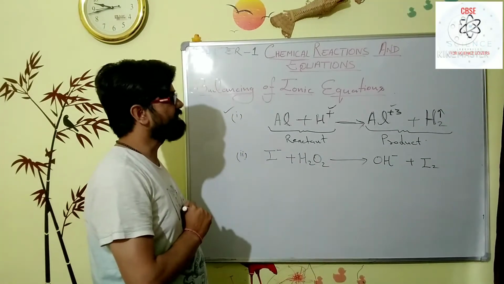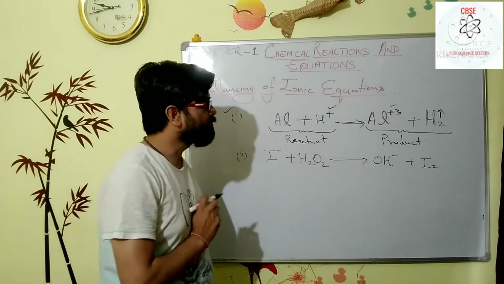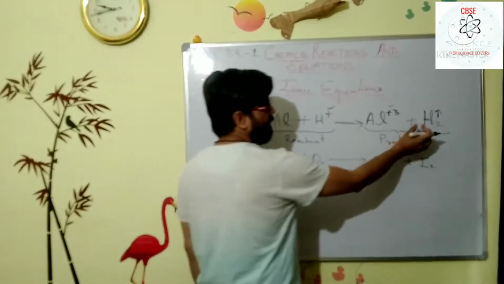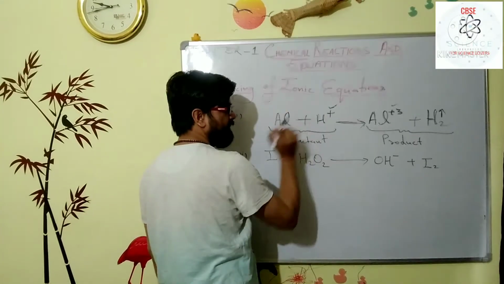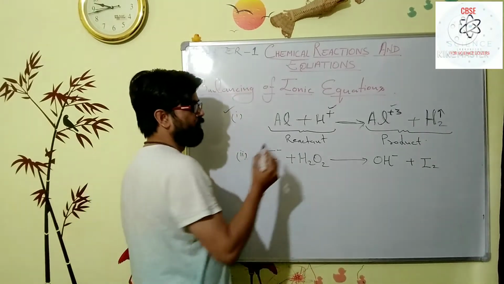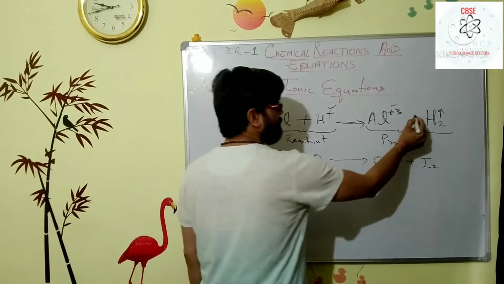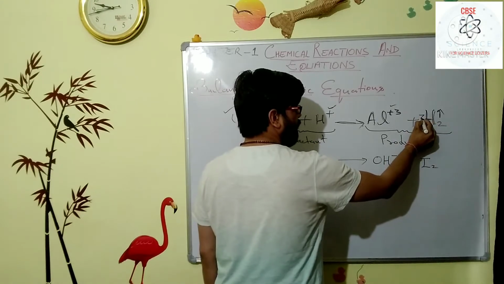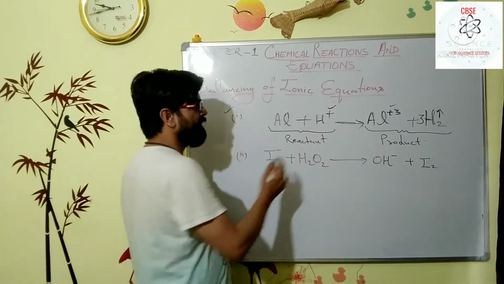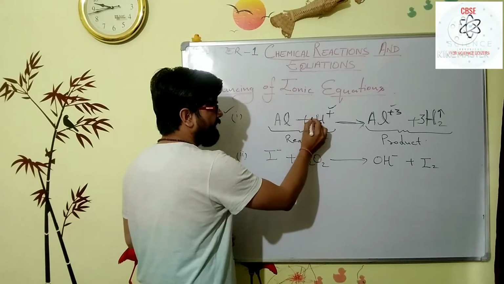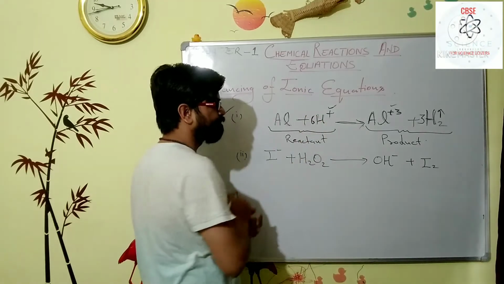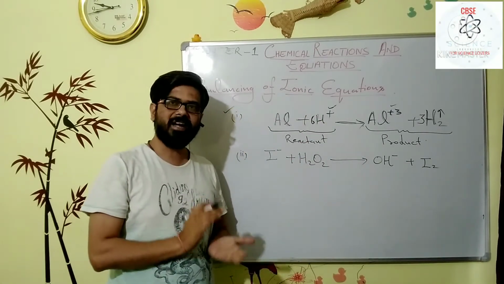To balance the charge, what do we have to do? We also have to balance the particles, hydrogen and hydrogen. How do we balance the particles? To balance them, put 3 with the hydrogen gas. So to maintain the hydrogen atom balance, put 6 on the hydrogen ion side.